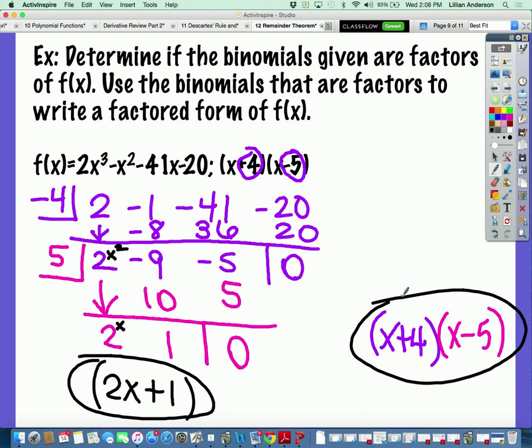Good. So, to repeat what Jamie said, she said if one of them worked and the other one didn't, then from the quadratic that you would have left over, you would factor it normally. Okay? California method or whichever other way you prefer to factor. Okay? Let's look at the next one.